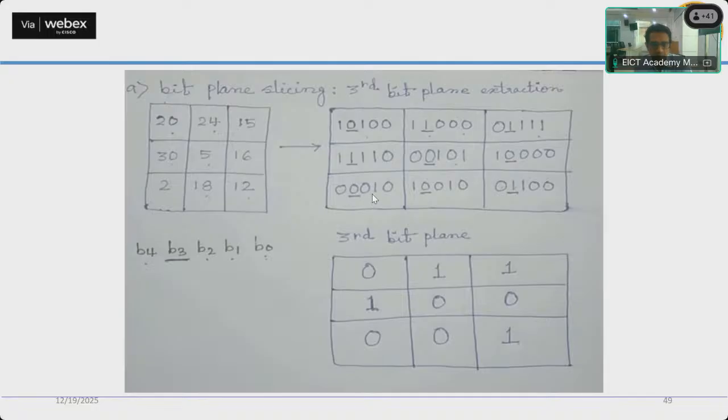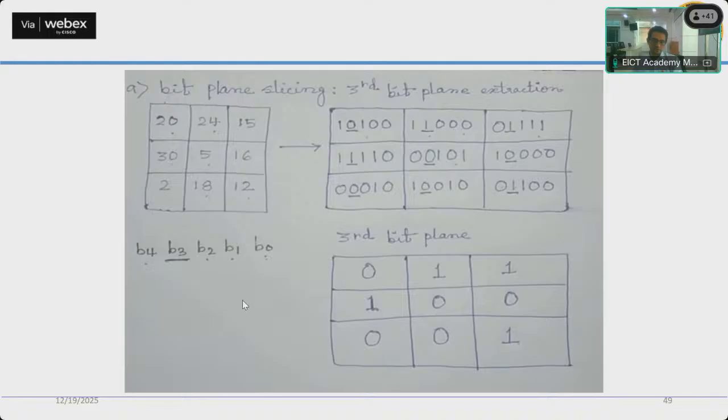What about the third bit plane? Whenever we calculate the third bit, from where do we calculate it? We count 0, 1, 2, 3. That's why it is 1, 1, 1, 1.